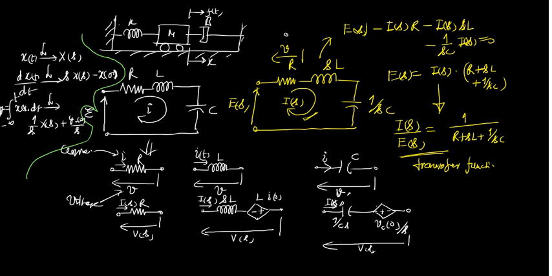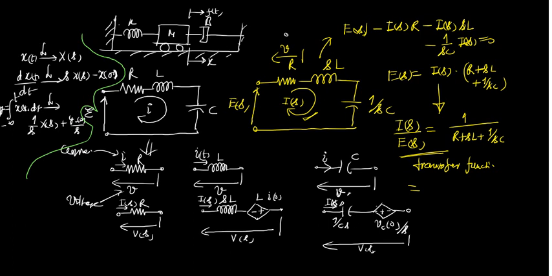V equal to L derivative, so you can relate it with acceleration. All these relations you can make, and you can analyze and correlate with your damper. Then you can further solve it if you want. So let me solve it.